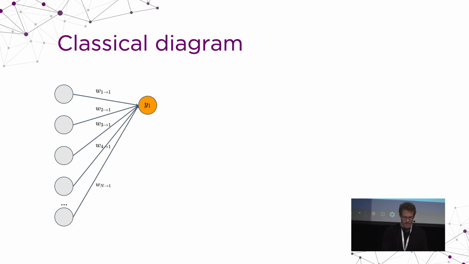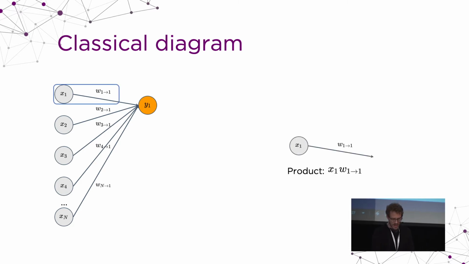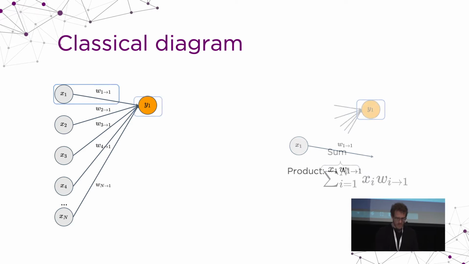So what does this diagram represent? If I have a node, a processing unit here, a connection, and a parameter here, it means that I'm multiplying x1 with w11, the product of these 2 values.